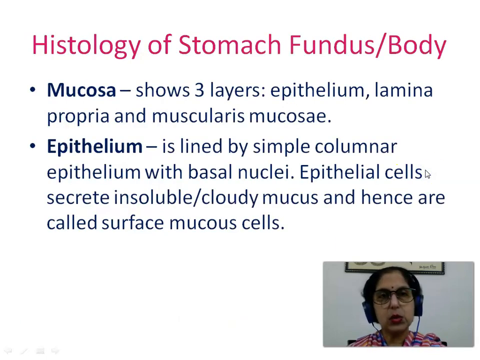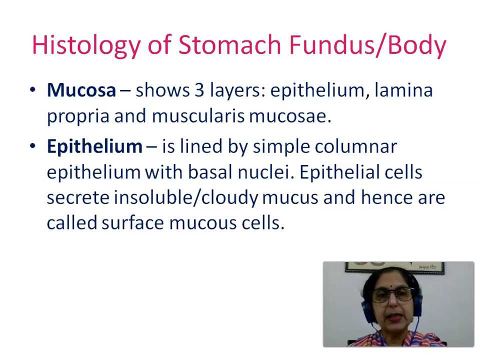Now let us go on to study the histology of the stomach fundus or stomach body. Mucosa here shows three layers or three parts: the epithelium, the lamina propria and the muscularis mucosae. Epithelium here is lined by simple columnar epithelium with basal oval nuclei.